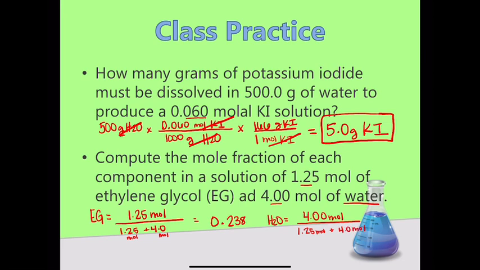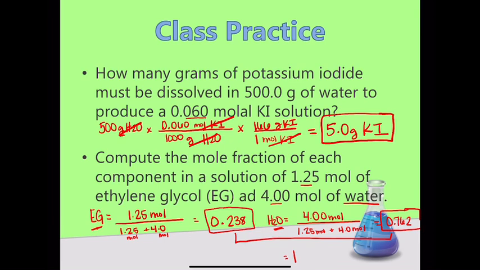So again, that's going to be 4 over 5.25, and this one turns out to be 0.762. And so that is the mole fraction for the ethylene glycol and the water. Now what you should notice about these two is that they equal 1. Your mole fractions always have to total up to 1. If they don't total up to 1, you've done something wrong.